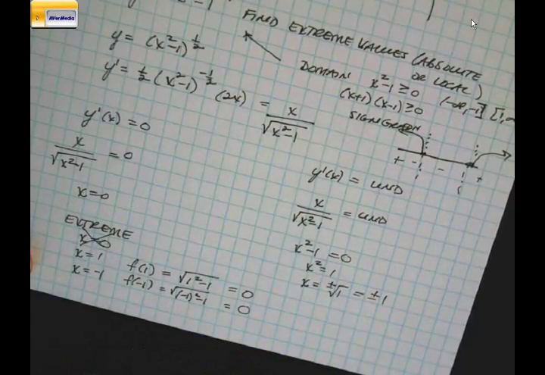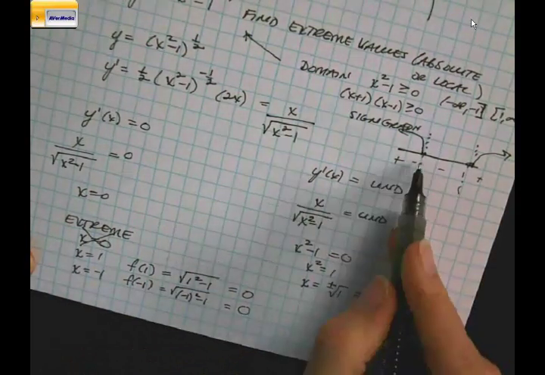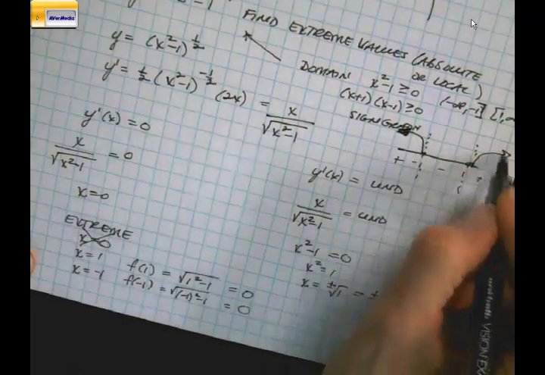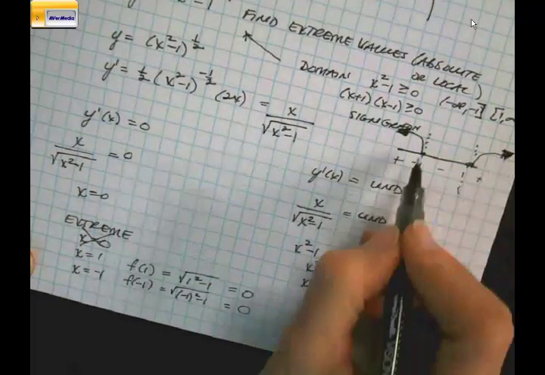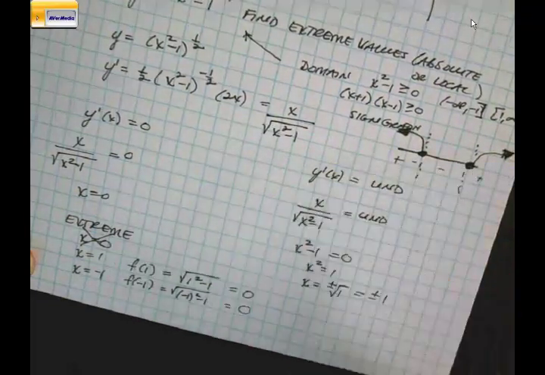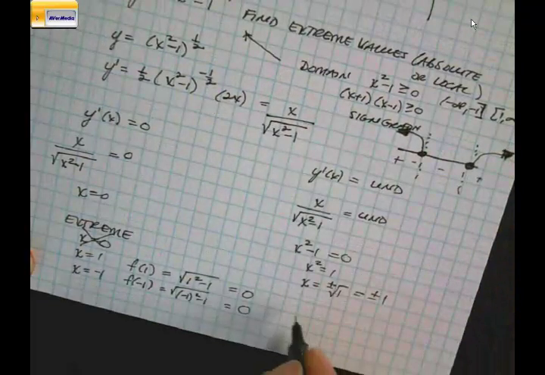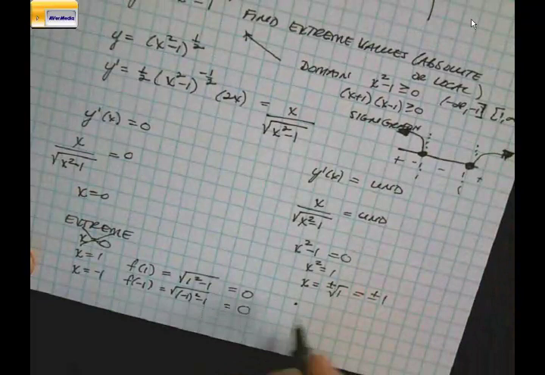So those are my extrema. They're either local maxes or local mins, or what in the world are they? Well, if you look at the graph, they're both absolute and local min. They didn't ask for the points, but this would be if they asked, well, they're not going to ask that.